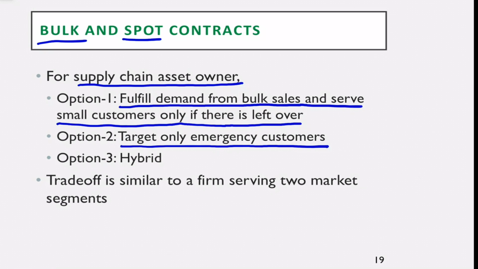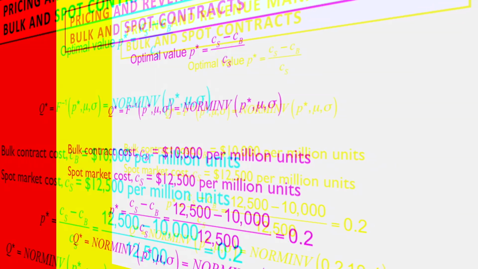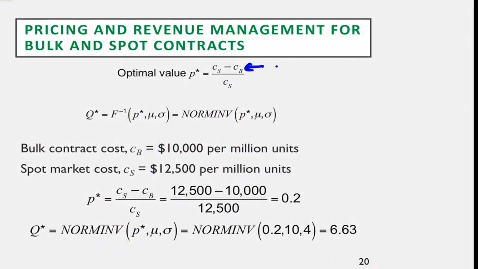And the third option is to go for something in between. In this case, the trade-off is very similar to a firm serving 2 market segments that we have seen earlier. Suppose CB is the bulk rate and CS is the spot market price.